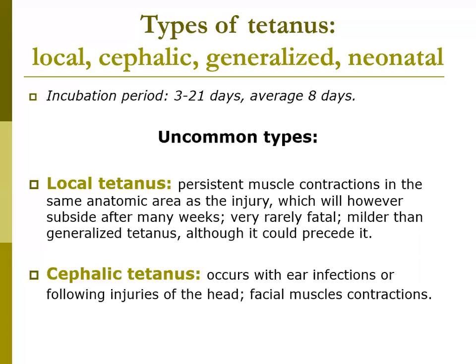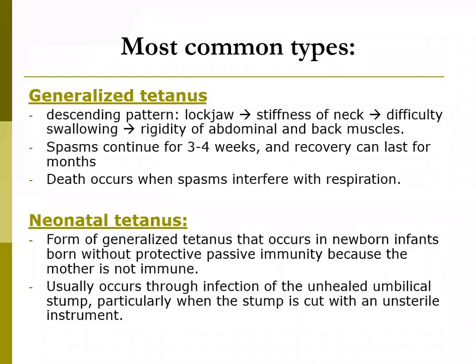Then comes cephalic tetanus, which occurs with ear infections or following injuries of the head, with facial muscle contractions. So cephalic tetanus basically is focused on the head area. Then comes generalized tetanus. It has a descending pattern, starting from lockjaw to stiffness of the neck muscles, then difficulty swallowing, then rigidity of abdominal and back muscles.